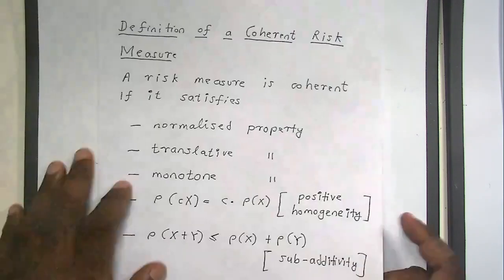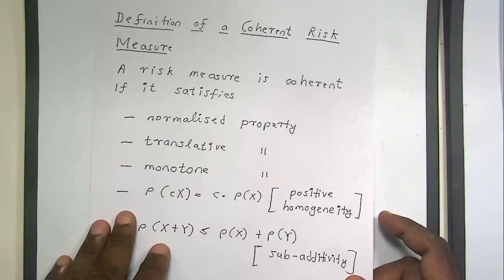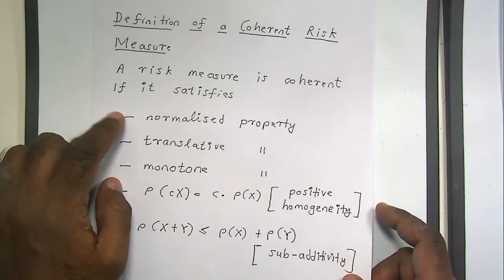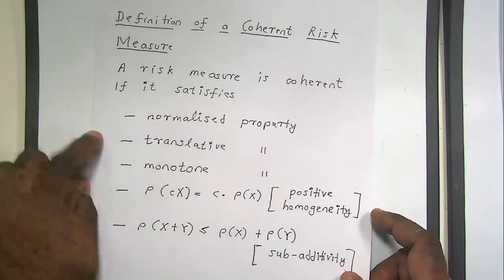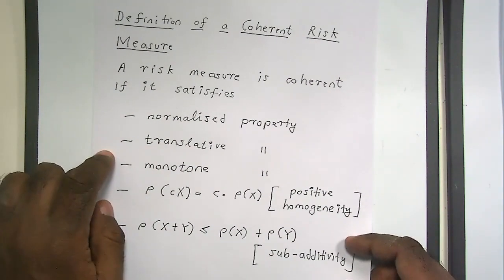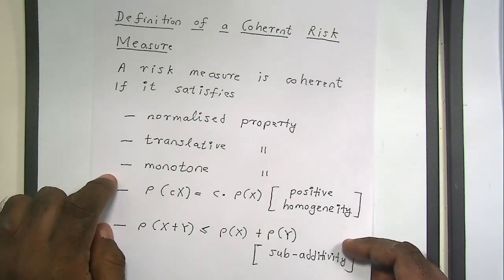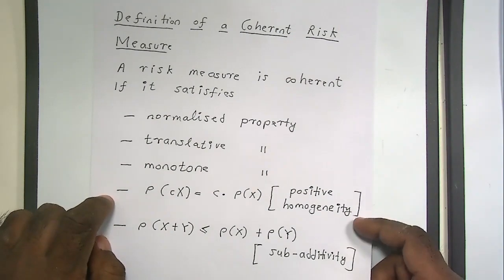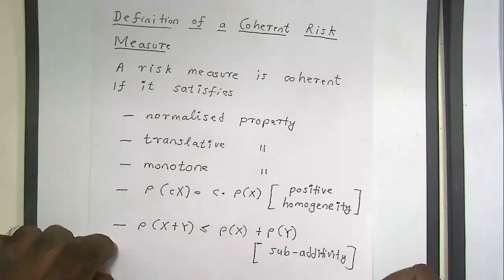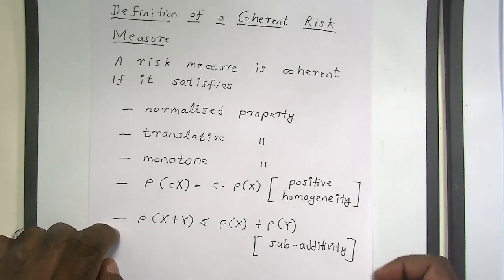Coherent, loosely speaking, means an intelligible or good risk measure. That measure should satisfy five properties: the normalized property, the translation property, the monotonicity property, the positive homogeneity property, and the subadditivity property, right?